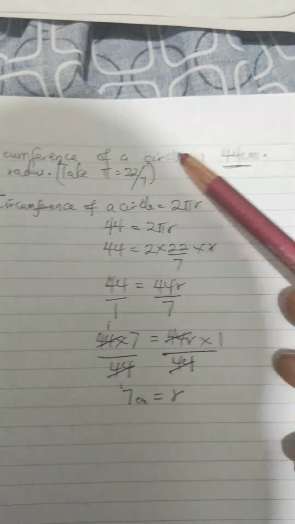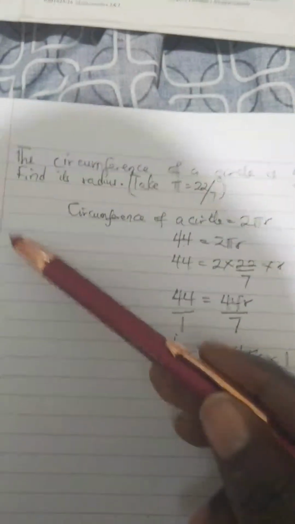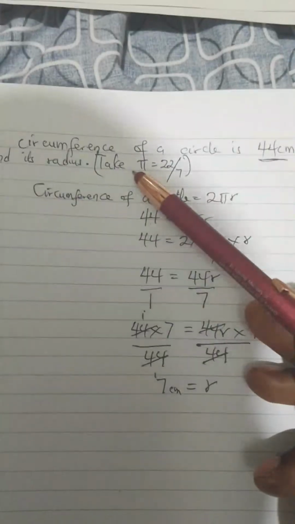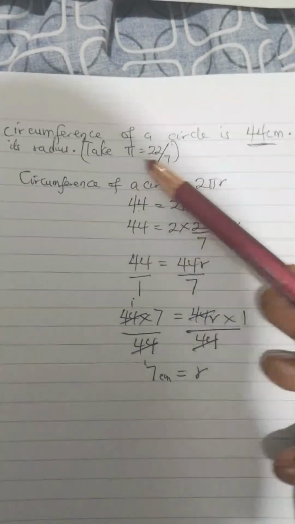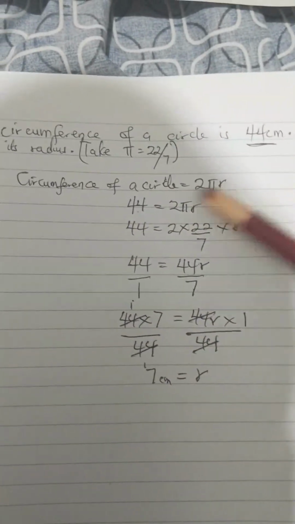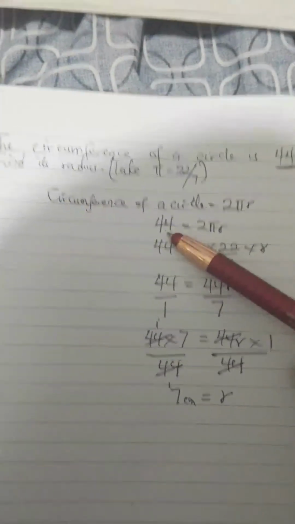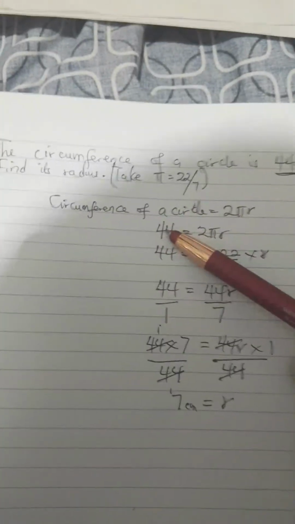So we want to take it over again. They're saying the circumference of a circle is 44 centimeters. Find its radius. You take pi to be 22 on 7. So the formula is 2 pi r. Because the circumference is given already as 44, we substitute it.